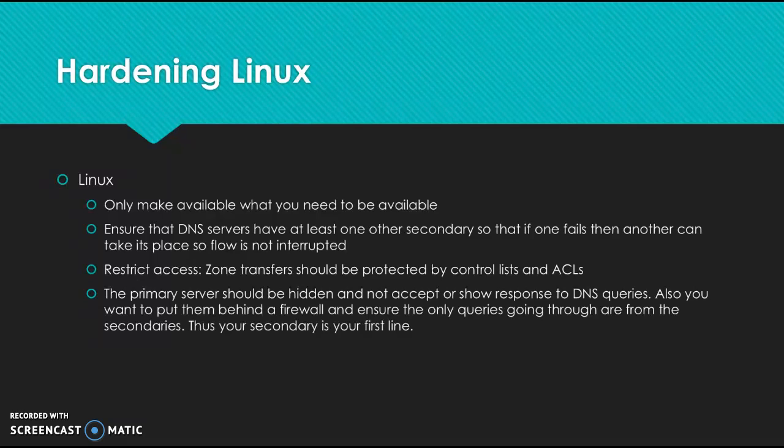That sends information to the primary, and then your primary sends it back to your secondary. Now, you don't want outside queries going into your primary. You want to keep the primary completely separate, so that only your secondary has access to it. Thus, it's going to make it a little more secure.